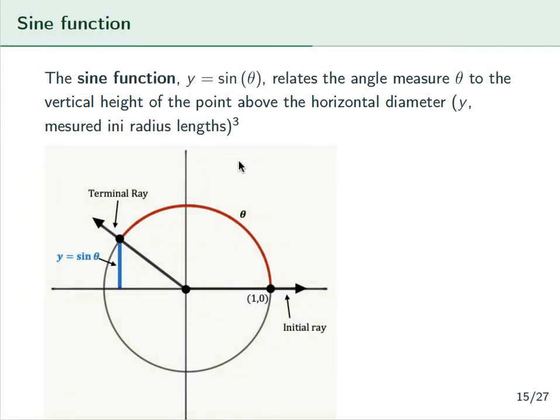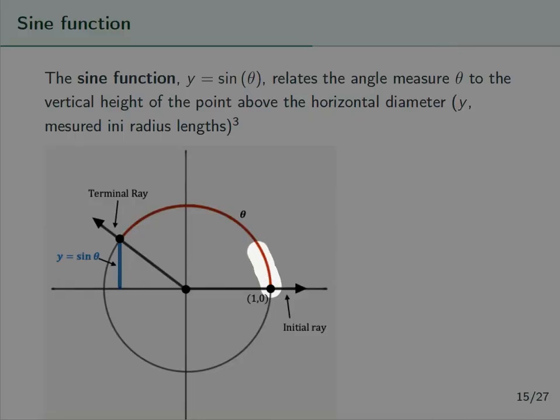So we're measuring this vertical length in radius length. Let's look at this picture. For the sine function, we insert an angle as an input, and sine of theta measures the vertical distance from the horizontal diameter to the terminal ray of that angle.